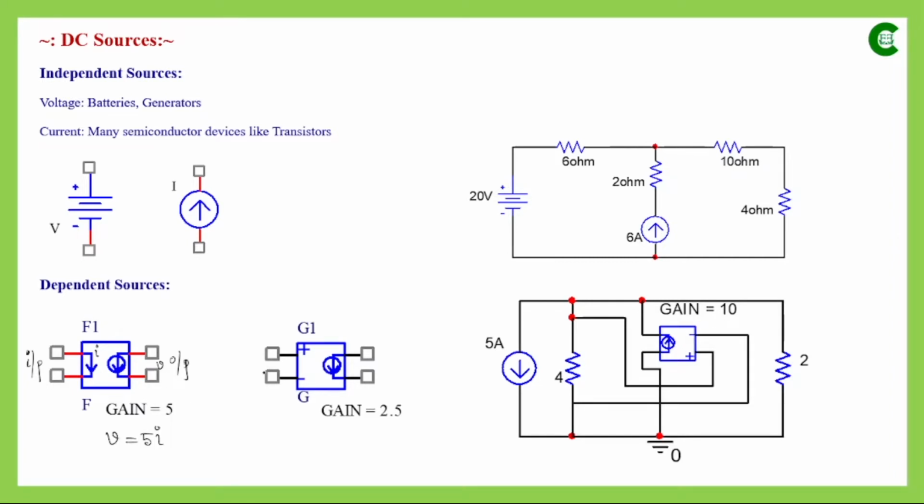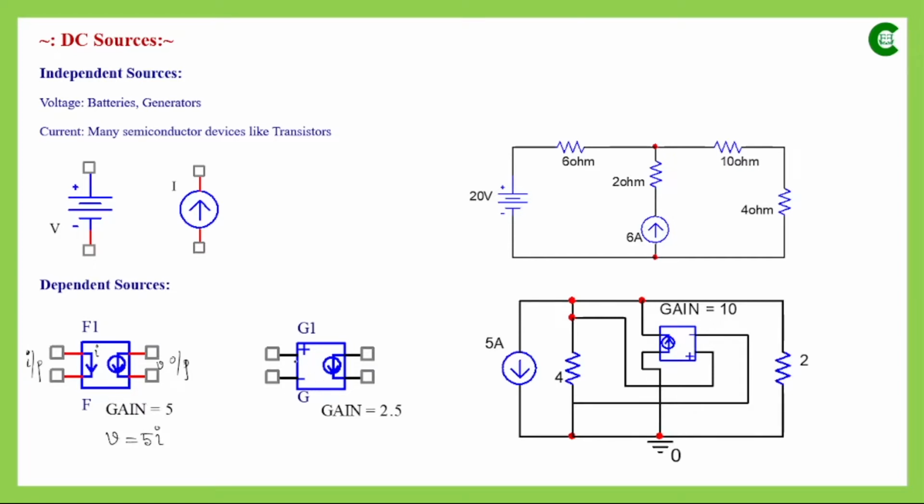Now there is another type of dependent source, which is the voltage dependent current source. This time it is a current source that supplies current to the network, but the value of that current depends on the voltage drop across some other element in the same network. And this is the symbol of the voltage dependent current source.